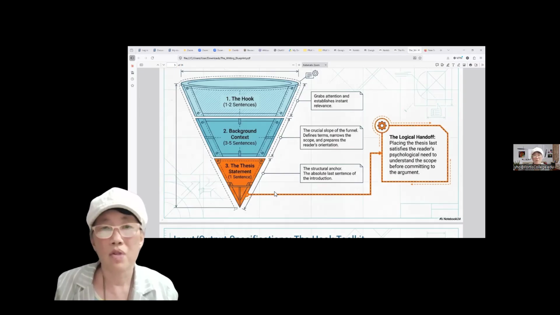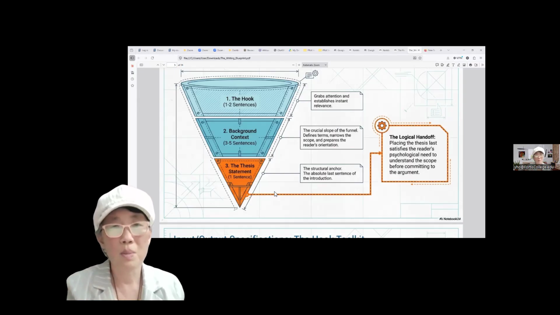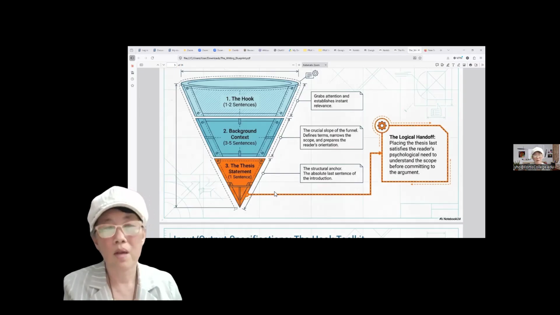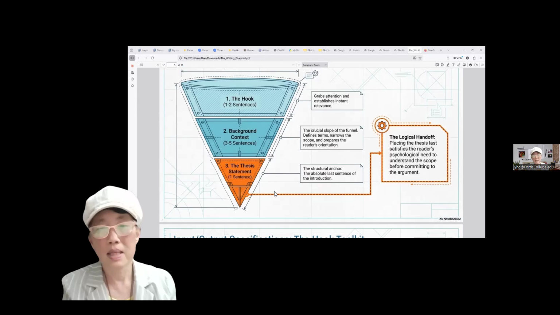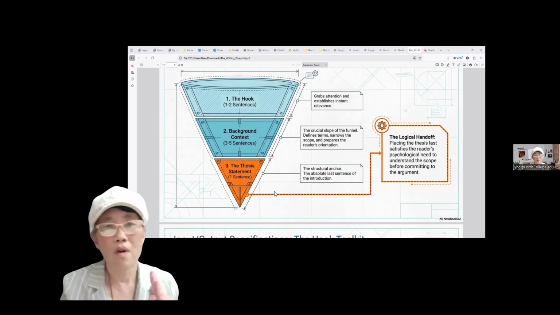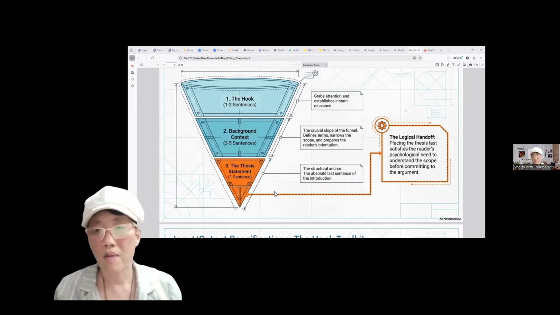And then you have your thesis statement, so you get more and more specific. This is known as the funnel introduction paragraph, where the thesis statement sits as the last sentence of the first paragraph. Your thesis statement is the structural anchor, the absolute last sentence of the introduction, and it is also the summary of all 3 of your body paragraphs.